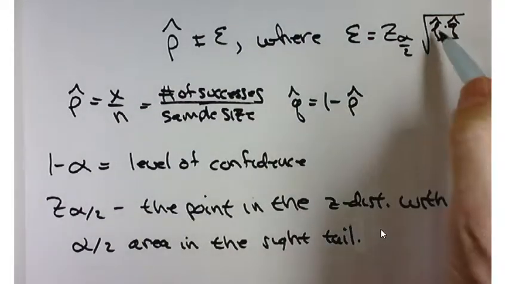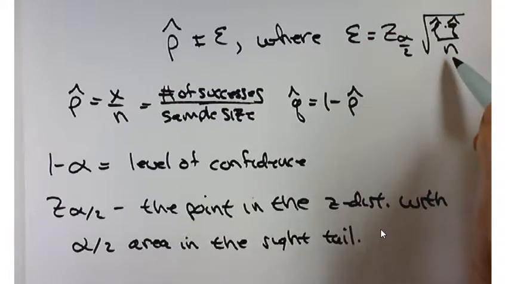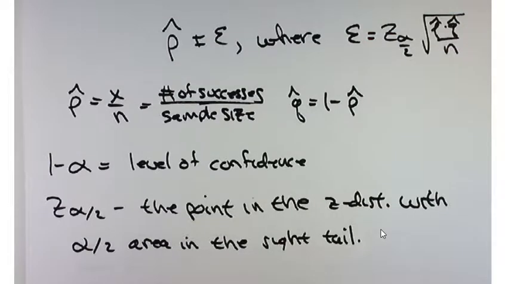So it's p hat, q hat divided by n. Just a reminder, I post the notes on D2L, so if there's something that goes by a little too quick and you want to look back at it, you should be able to find them on D2L.